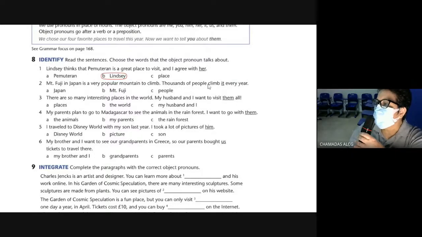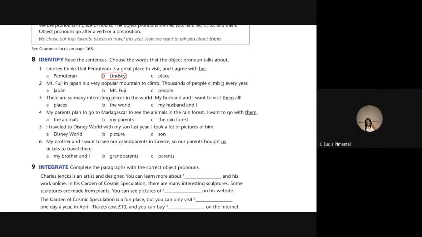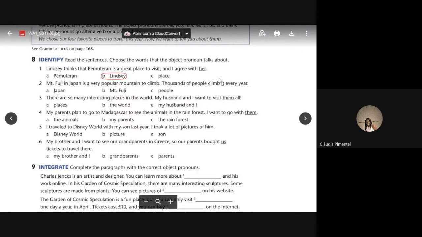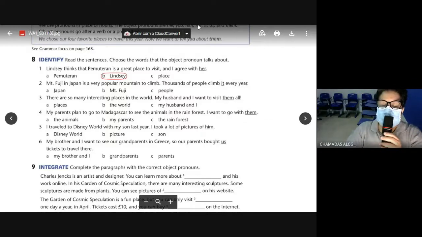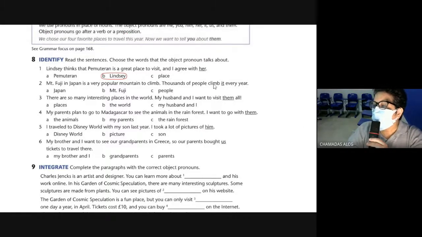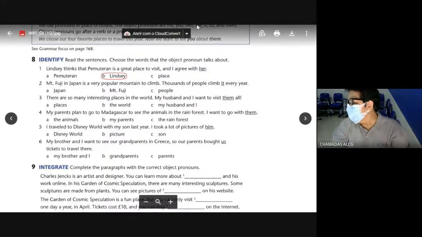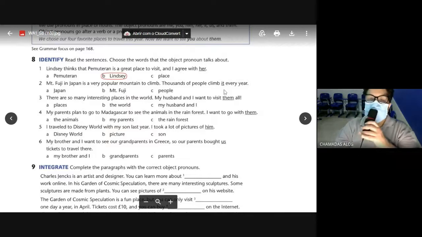Thousands of people climb people every year. So please, guys, help me. What's the meaning of the verb to climb? Who knows? Nobody.